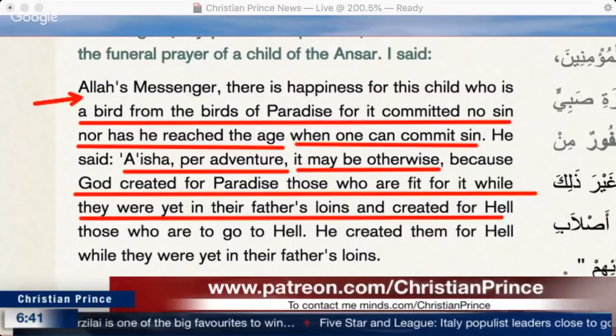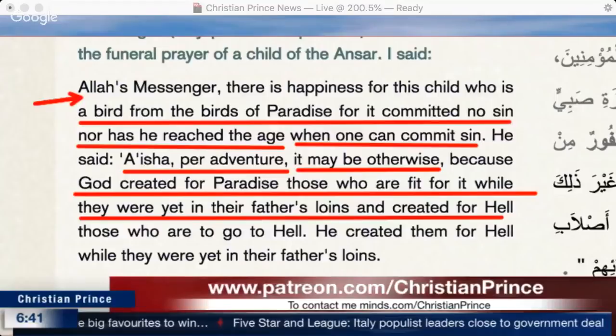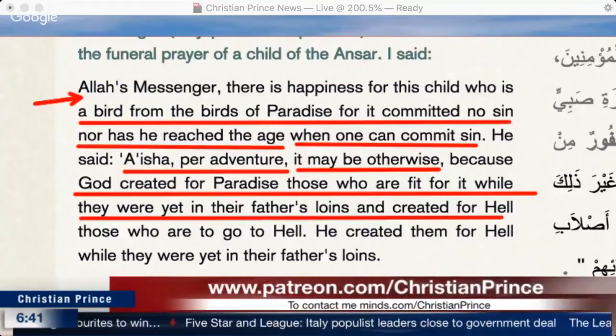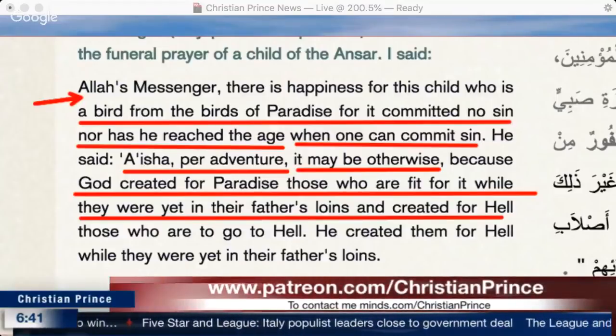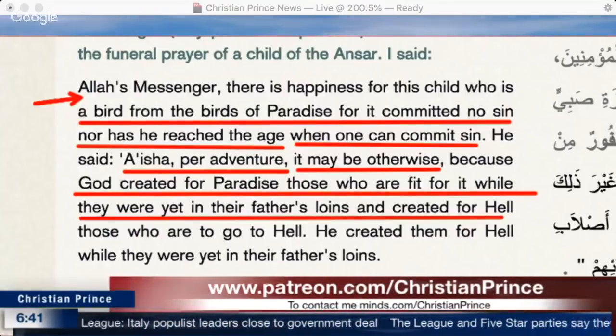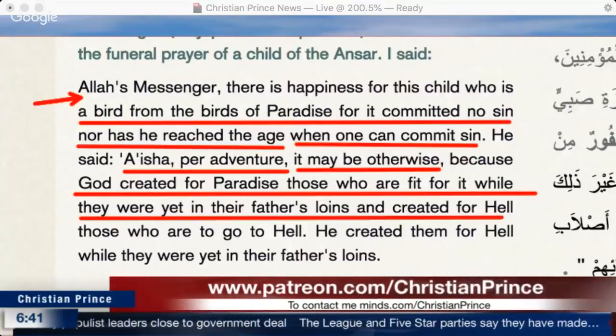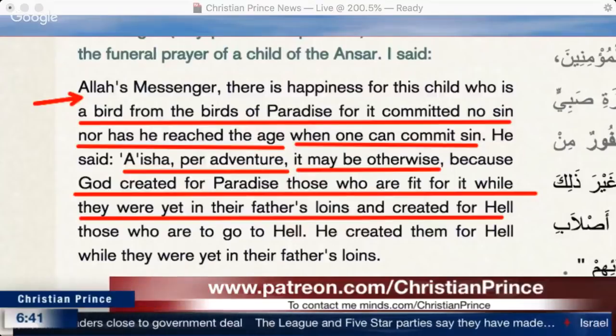But for me, I'm trying to confront the destiny, which proves Islam to be stupid anyway. Because as long as the Muslims keep repeating to us that Islam is a religion of justice and Allah is all justice, where is the justice that this child is going to go to hell, yet he never committed sin?